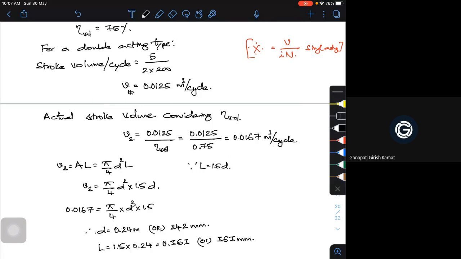And C is the ratio of clearance volume to your stroke volume. Is that clear? Any doubts?